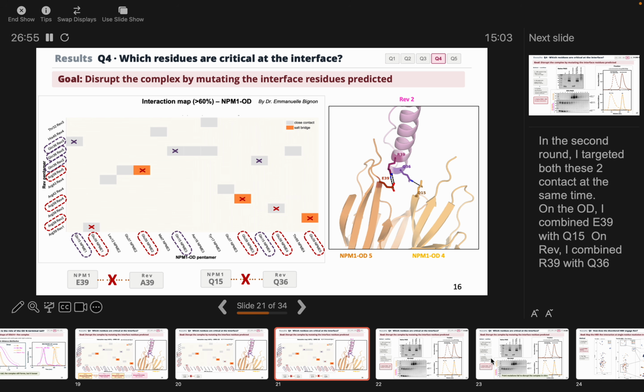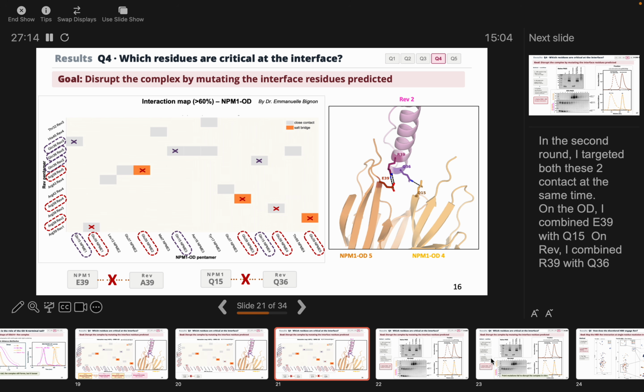And I think you have to simplify a bit the message. First, we have a map with the interaction. We have the interaction map.